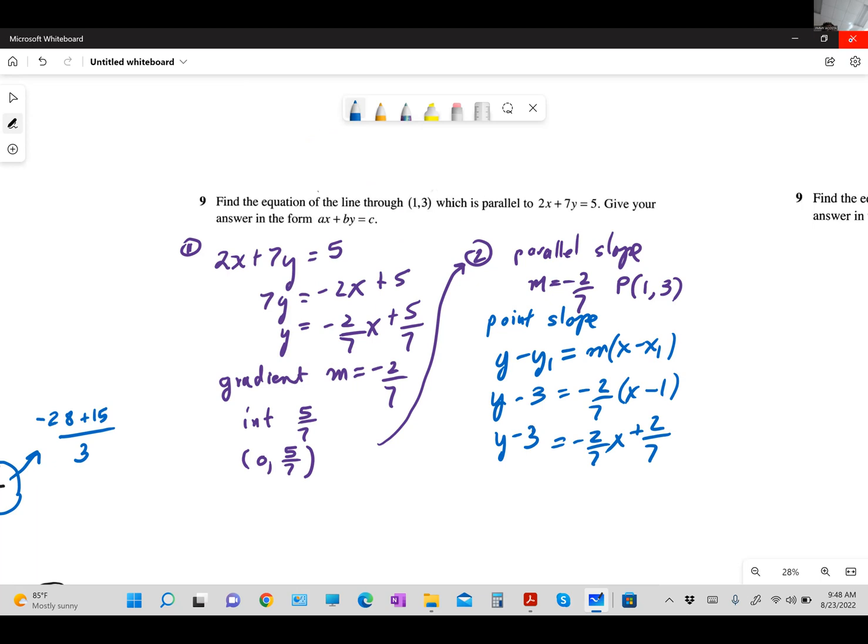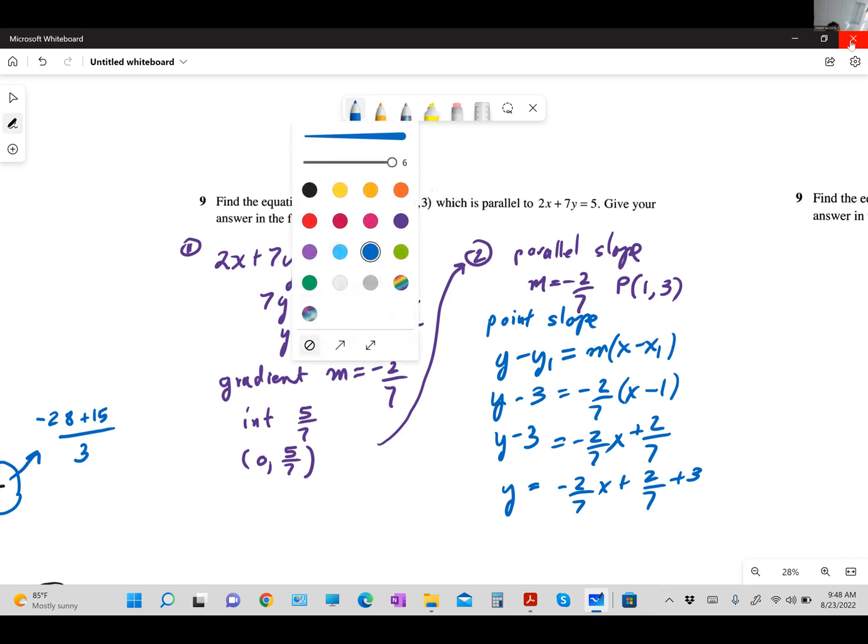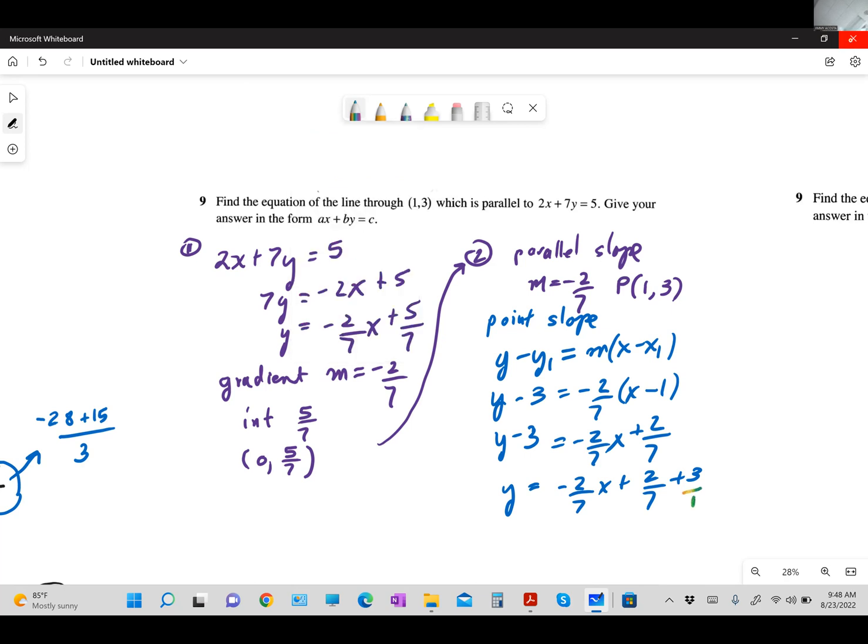Yes. And then what do we do? Add the 3. And do we want to do crisscross happy face because we're dealing with a fraction? We could. I'm going to use a different color. I'm going to use the color rainbow. So, rainbow. 2 times 1 is 2.